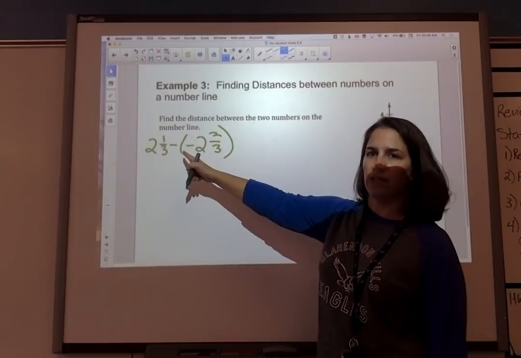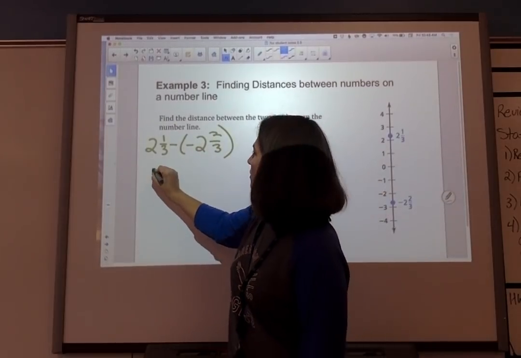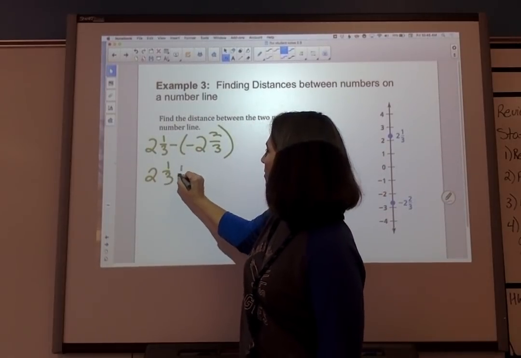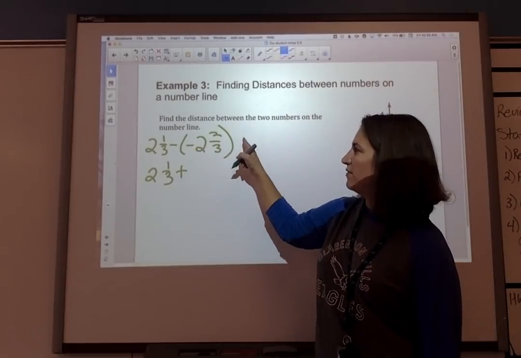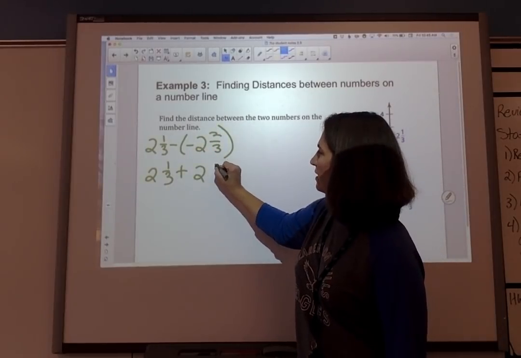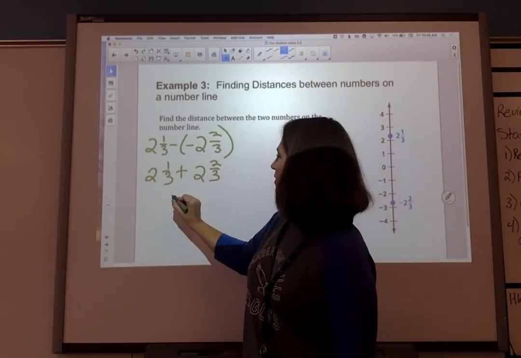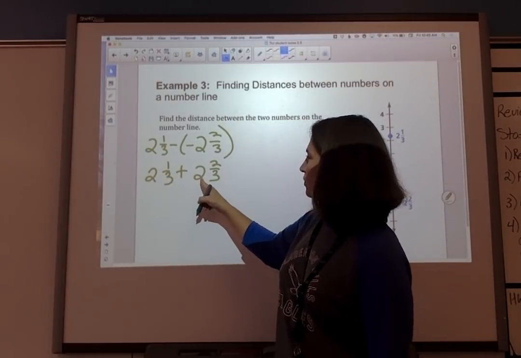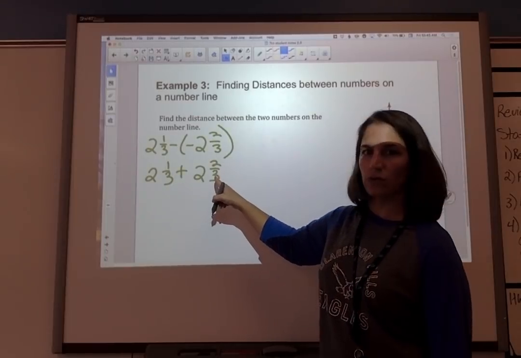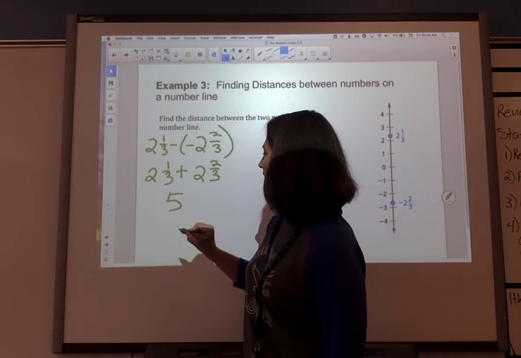So I'm going to go ahead and change this to an addition problem. 2 1/3 plus the opposite of negative 2 2/3, which is positive 2 2/3. And then I'm just going to add them together. That's 2 plus 2 is 4, and 1/3 plus 2/3 is 1, so this altogether is 5.